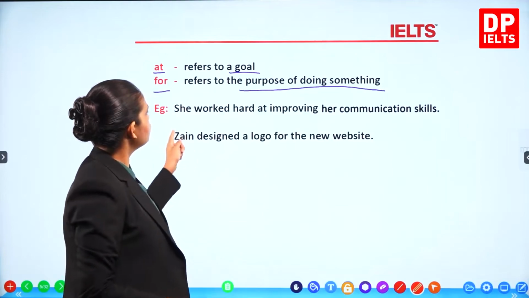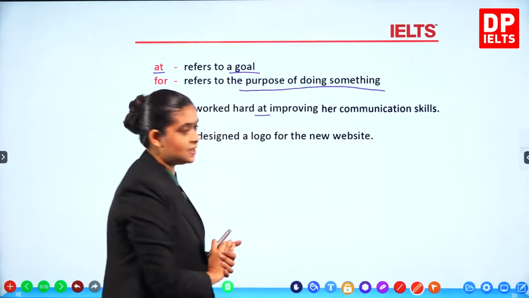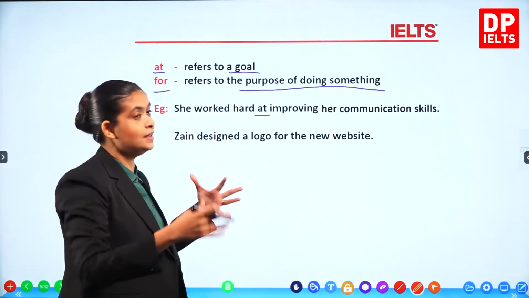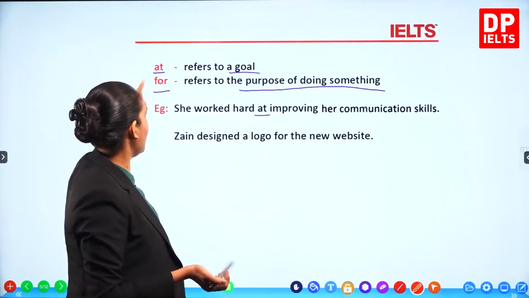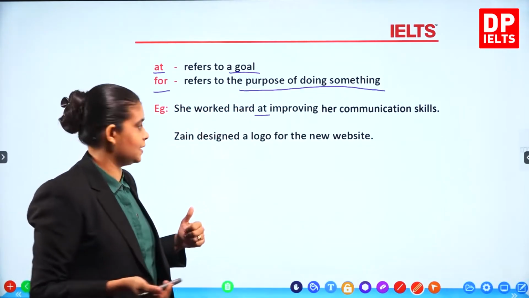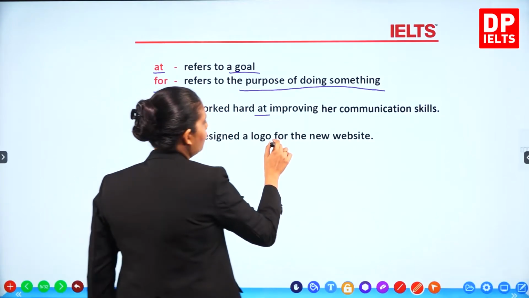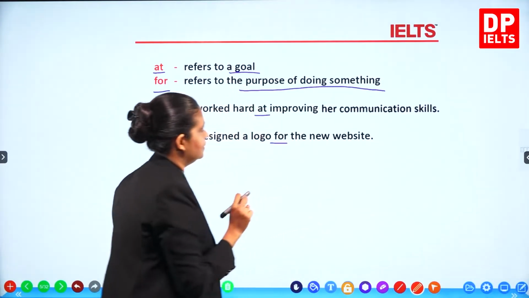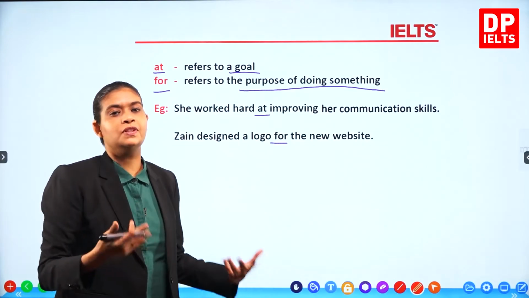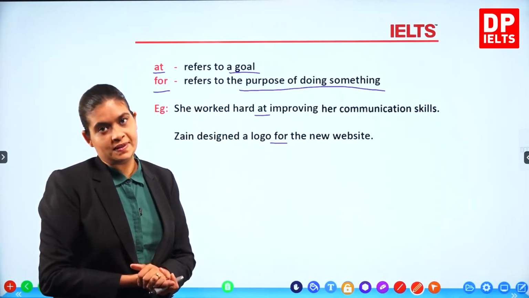She worked hard at improving her communication skills. Now that is her goal, so you could use at. For refers to the purpose of doing something. Zain designed a logo for the new website. So the purpose of designing the logo was for the new website.